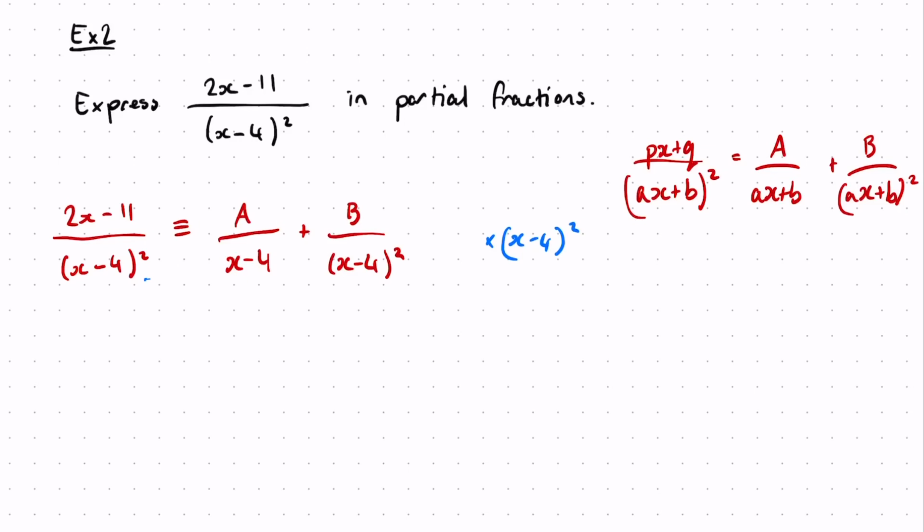So on my left hand side, that's going to cancel this out, so I'm just left with 2x - 11, and that is going to be equivalent to A over (x - 4) multiplied by (x - 4) squared, which will cancel out one of the (x - 4)s but leave an (x - 4) on top. And then multiplying B over (x - 4) squared by (x - 4) squared is going to completely cancel it all out, giving me just plus B.